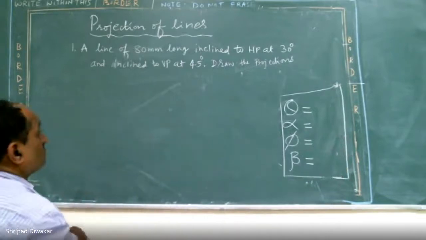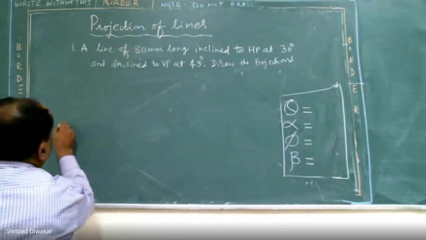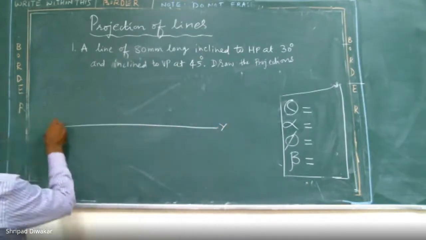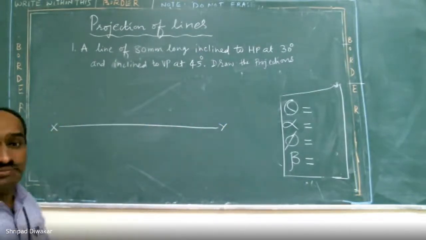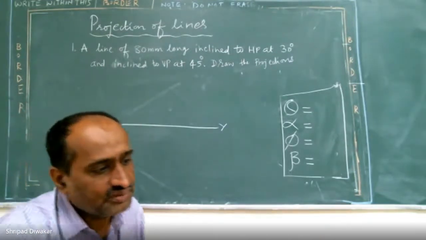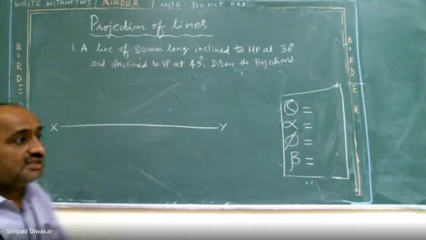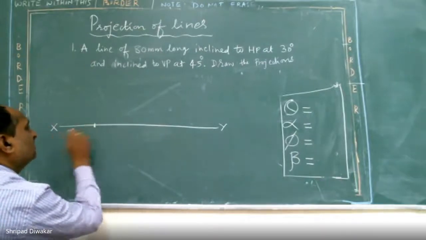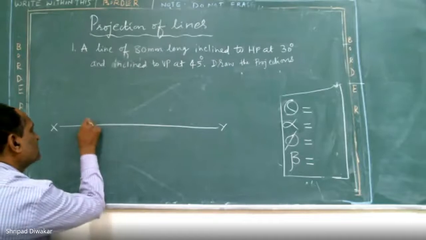Okay. So what you can do: draw the reference line XY. In the previous problem, they had given some distance, but here I don't have any distance. What you can do is start directly from the reference point. You take it anywhere on the reference line only, because I don't know the distance at all.